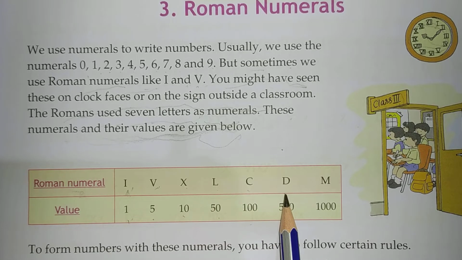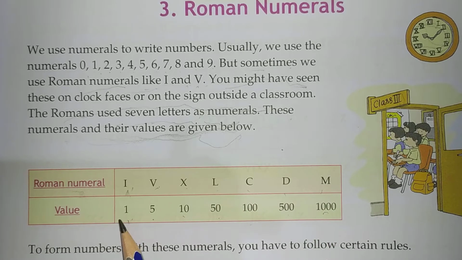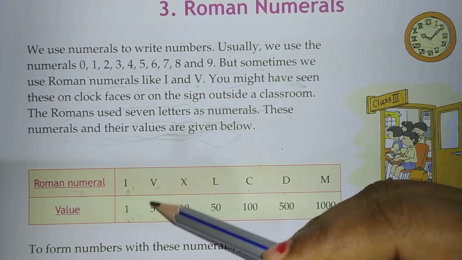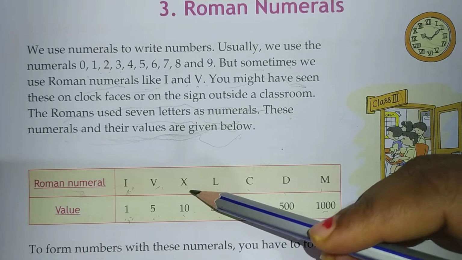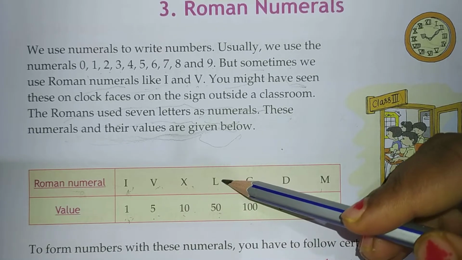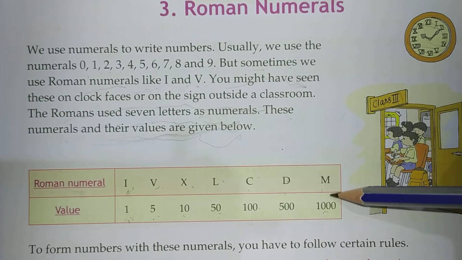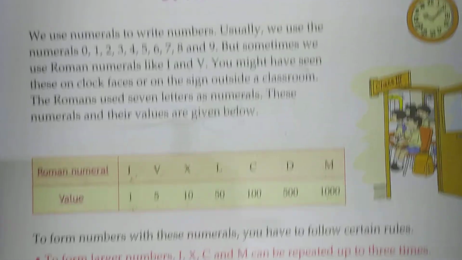What is the value of D? 500. What is the value of M? 1000. So, the Roman numeral for 1 is I, 5 is V, 10 is X, 50 is L, 100 is C, 500 is D, 1000 is M.